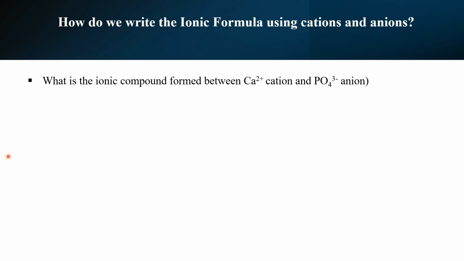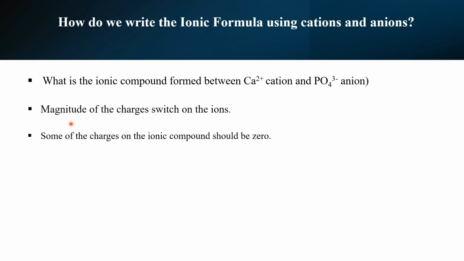The question is, what is the ionic compound formed between calcium 2+ cation and phosphate anion? You can see calcium 2+ is a main group cation, phosphate is a polyatomic anion. The method is that the magnitudes of the charges on the ions switch.